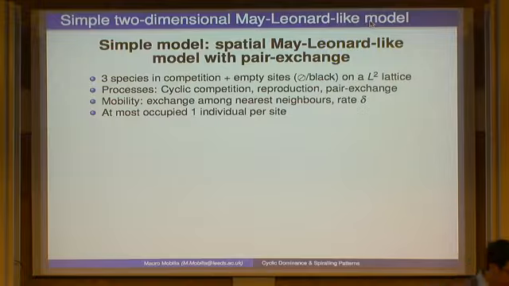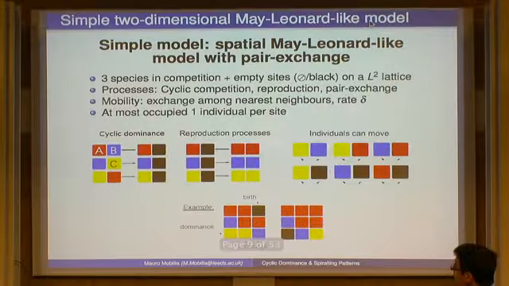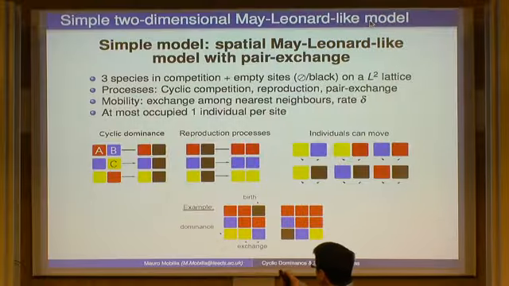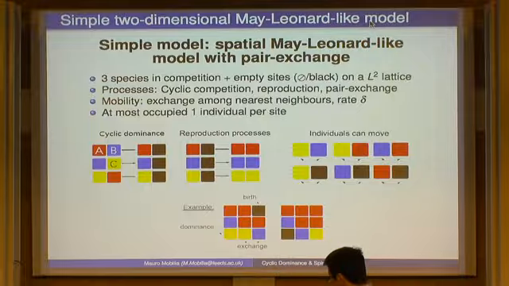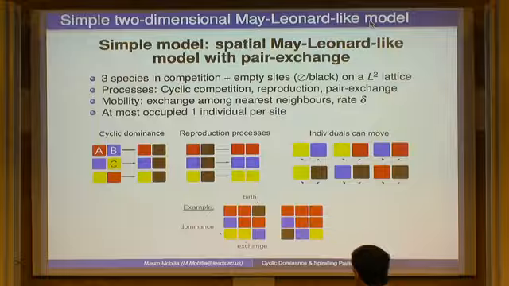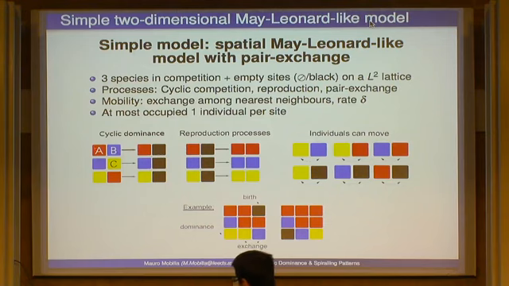So we have three species in competition, with empty sites in black, right? And we say that there is cyclic dominance, there is reproduction, and individuals can move. For cyclic dominance, red dominates over blue.